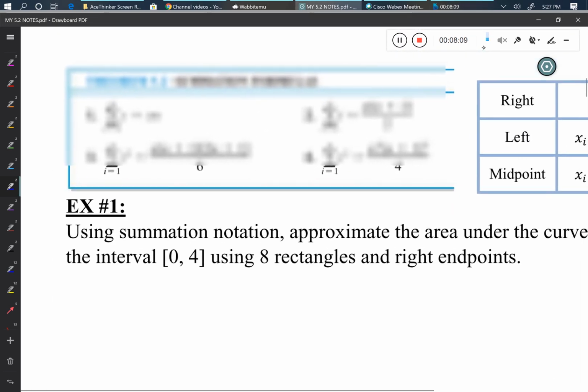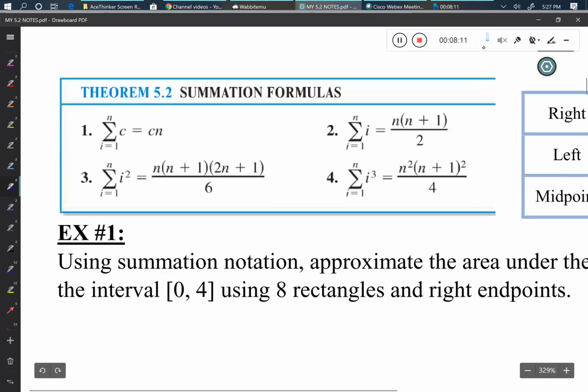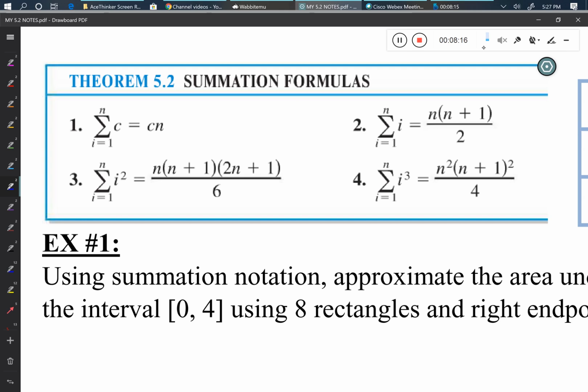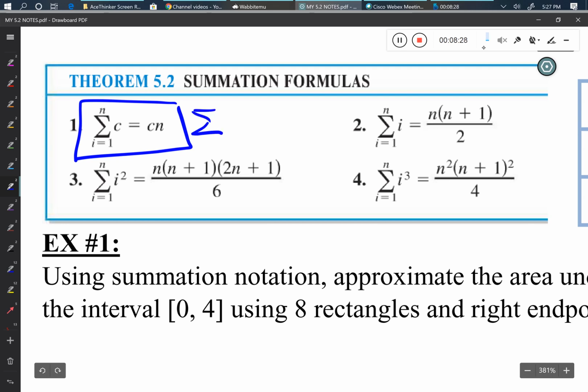These are summation formulas, and what you should notice about them is each of these formulas allows you to remove the summation from the situation or from the expression. We just got done using this one. We did the summation as i goes from 1 to 36 of 4, and we found that that was 4 times 36.